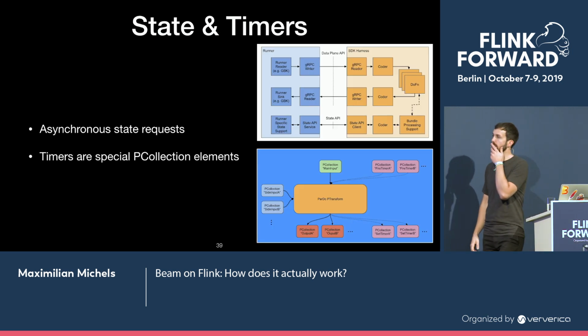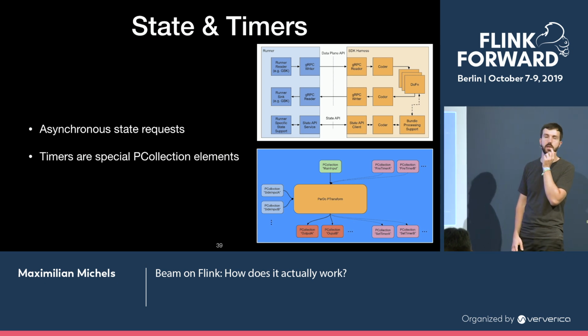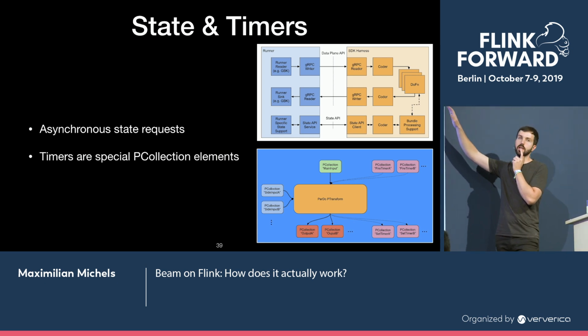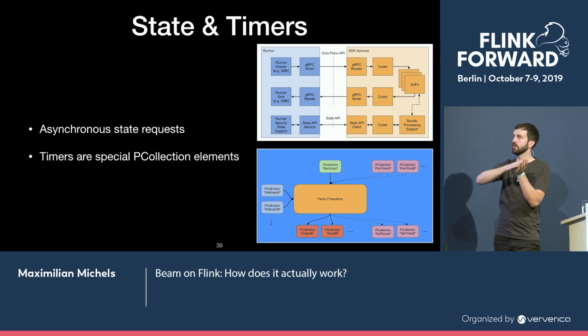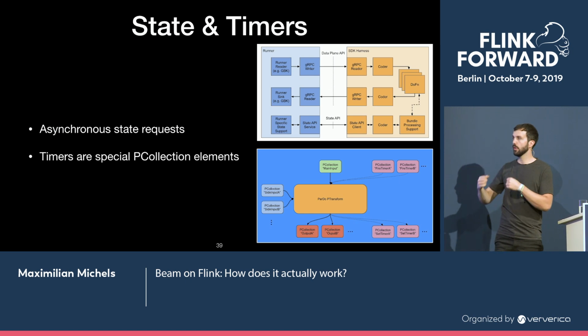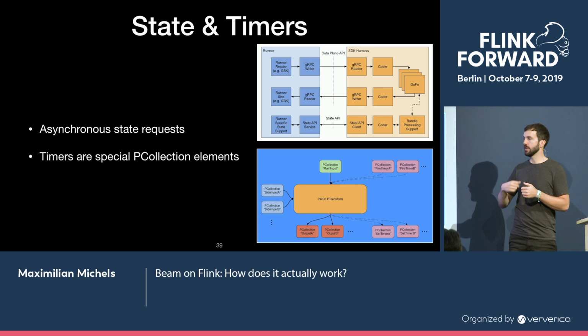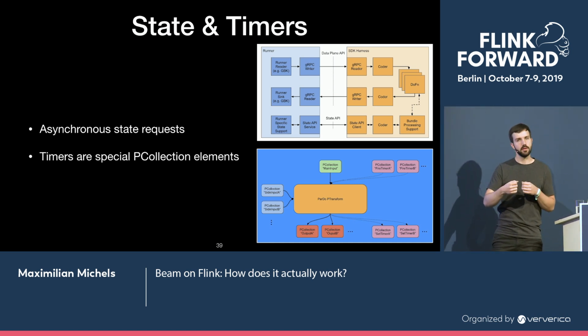One of the things which is interesting is how it's modeled. For the state access, it's actually just calling out, sending a network request to the runner. For timers, we chose a little bit of a different approach. Timers are actually just elements of a special PCollection.